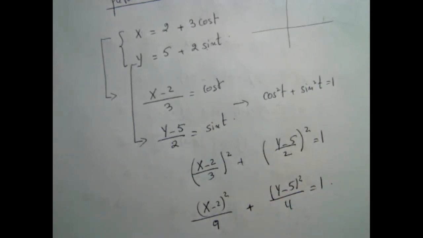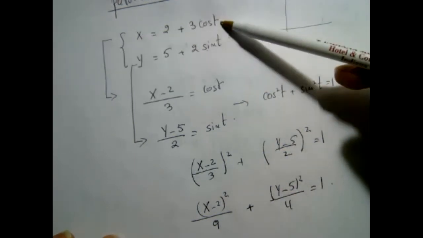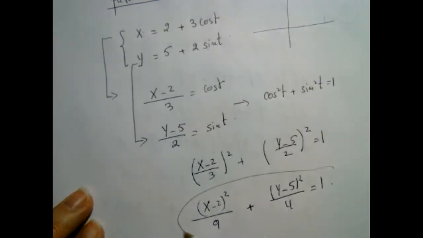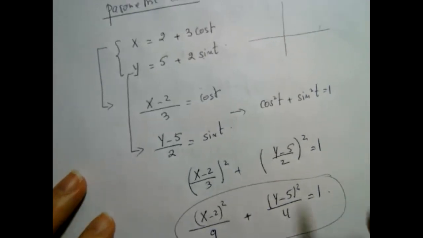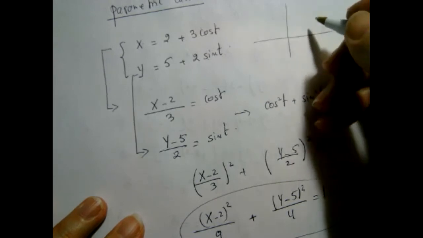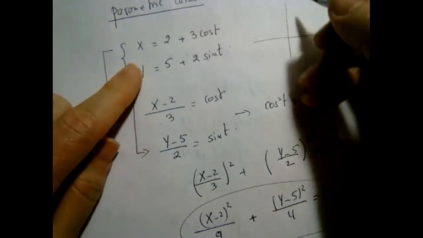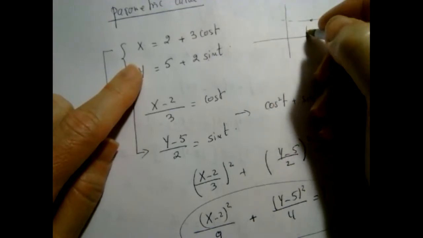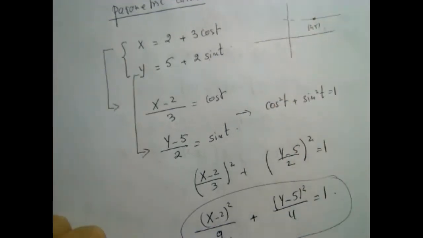And I get an ellipse. If I totally eliminate the t between those two, I will get an ellipse. And this is what we call the parametrization of the ellipse. So this is an ellipse centered at 2, 5, somewhere in here. And then we know everything about it.